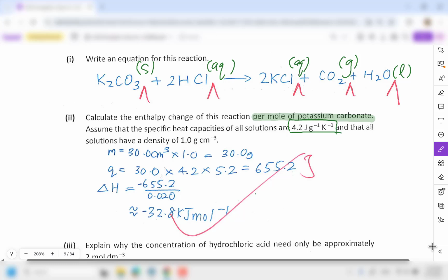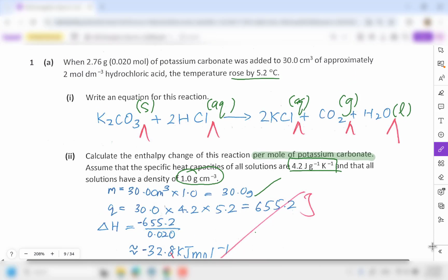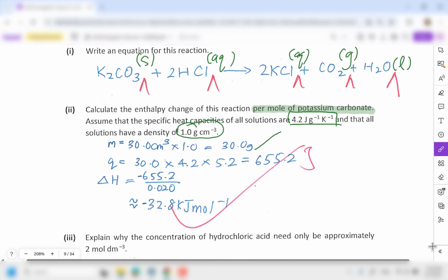This is true for dilute solutions, and all solutions have a density of 1.0 gram per cubic centimeter. That means the numerical value of the volume will be the numerical value of the mass in grams. So the mass will be 30 grams. You do not include the mass of the solid, so do not add 2.76 to it.